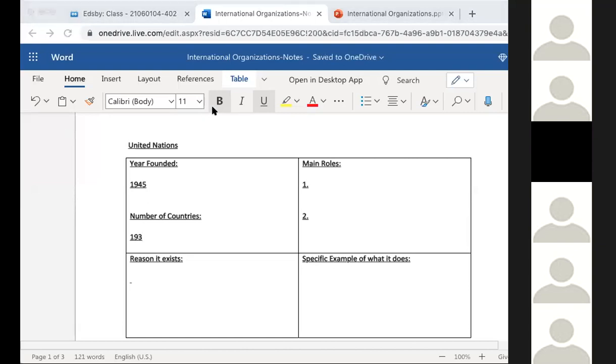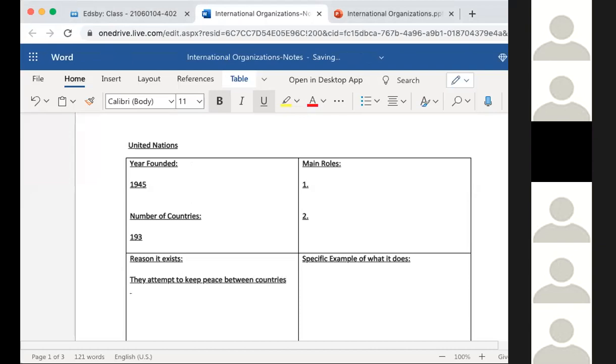What's their main reason for existing? It tells you right in here. What does this organization try to do? To keep peace. Okay, so they attempt to keep peace between countries.